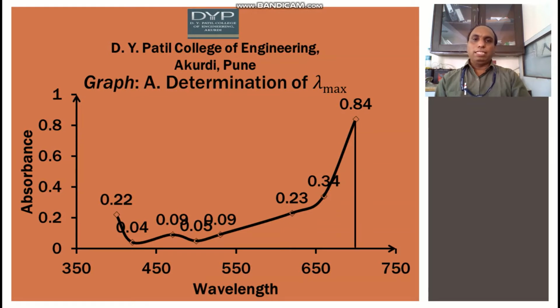Therefore, I can say this particular wavelength is called lambda max. So lambda max equals 700 nanometer. In this way, we select this lambda max for the next part, where we verify Beer's law.